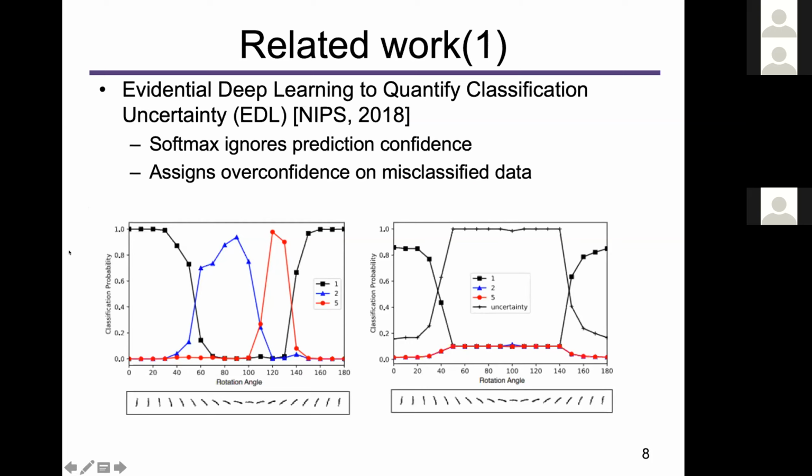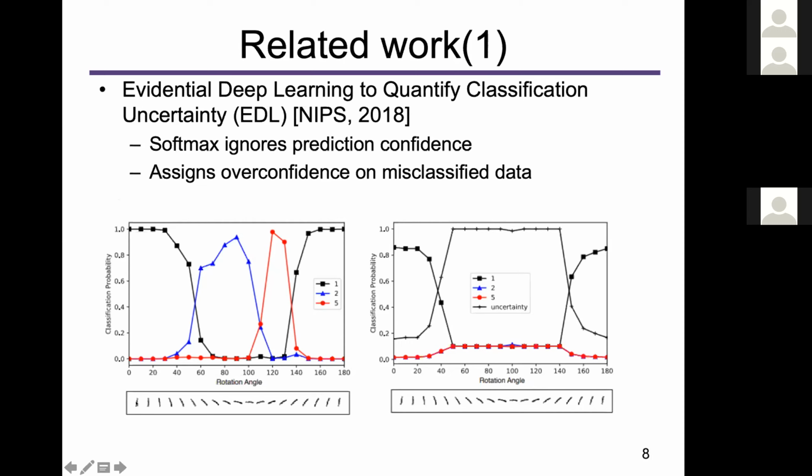For instance, this model is trained on MNIST, handwritten number data. After it is trained, when we put in this number one image, it says it's 100% sure it's one.